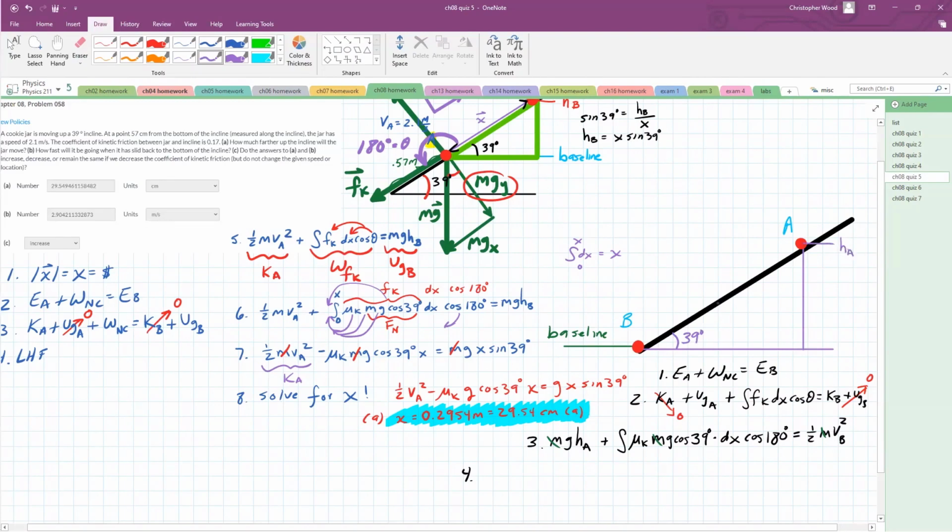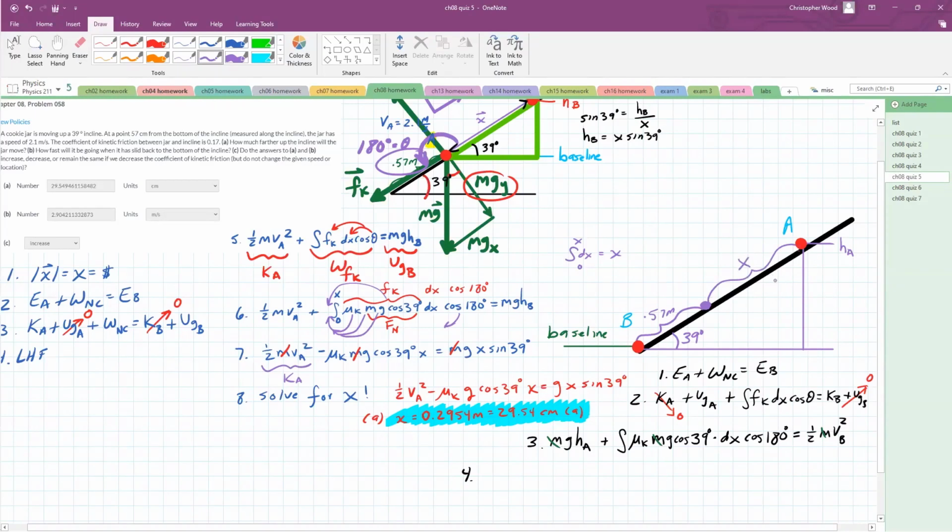And I remember this point from here to here, this was 0.57 meters, refer to this drawing here. And then this was X, which I now know. I just solved it. Probably should put that in my calculator memory. Okay, this is X.